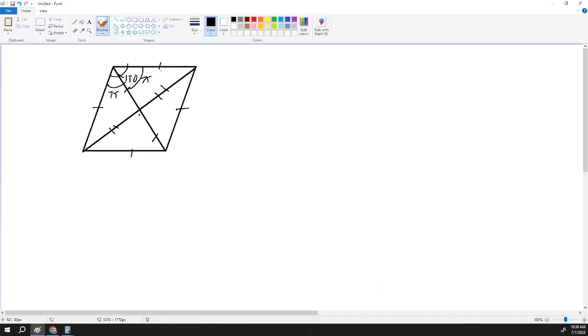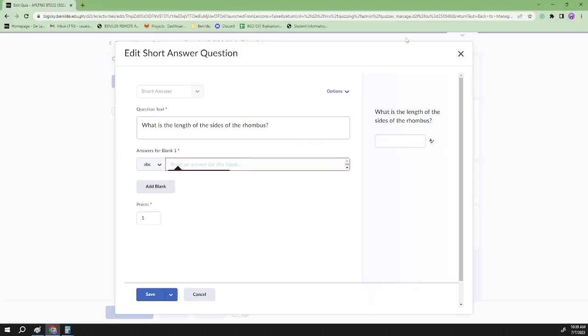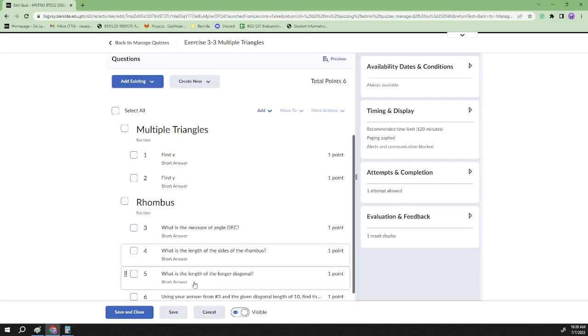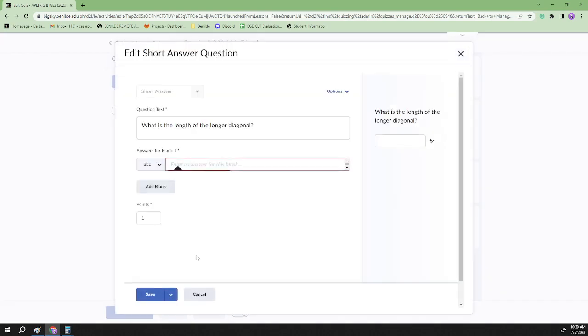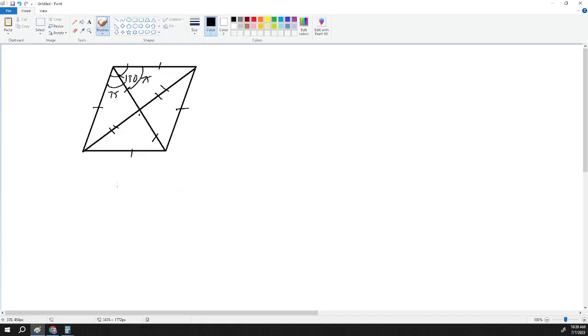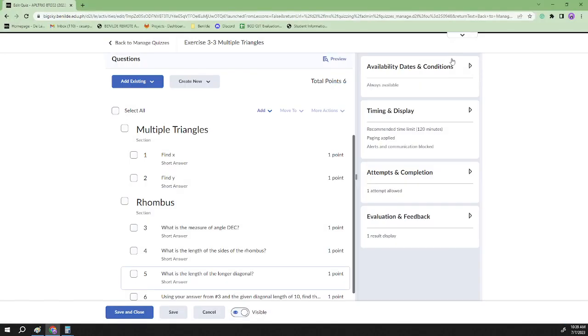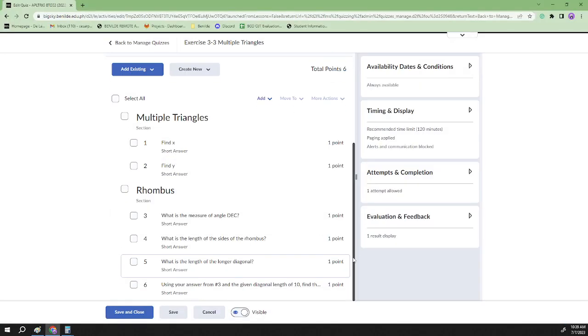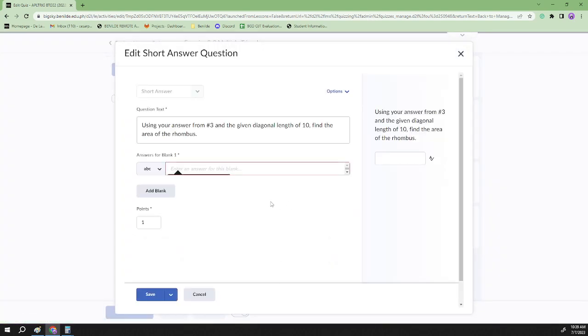So find out the sides, given that the shorter diagonal is 10. Next, what is the length of the longer diagonal? Find that. So given those two diagonals, find the area of the rhombus.